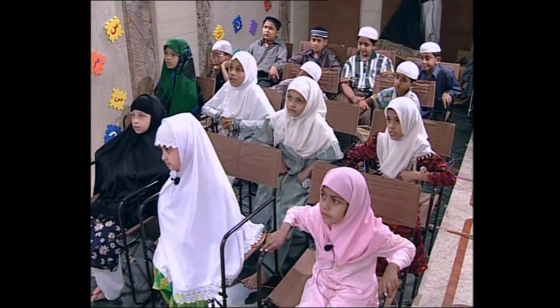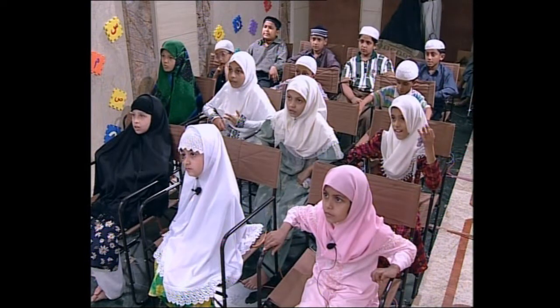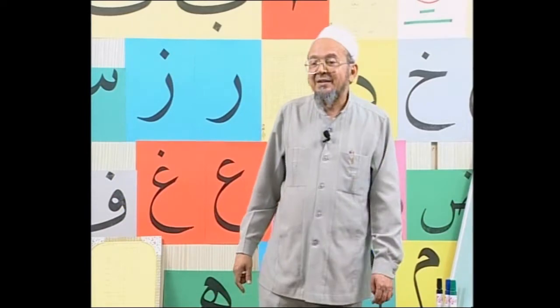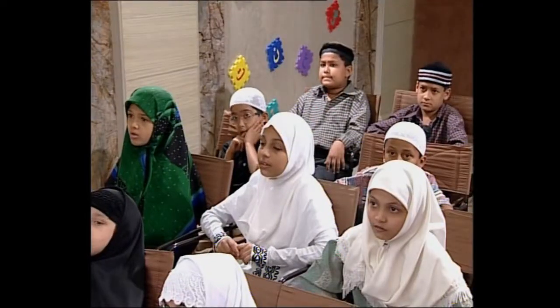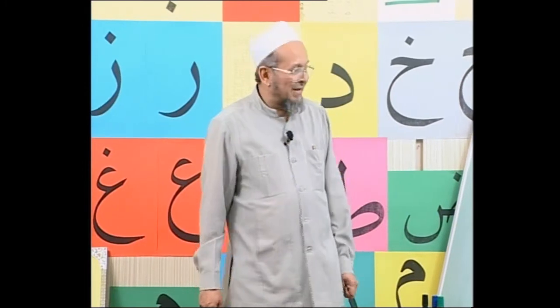So in darwaza, you see 5 letters are there: da, ra, za, waw, alif. Only one letter is not there, and that is thal. Otherwise, all other 5 are there.